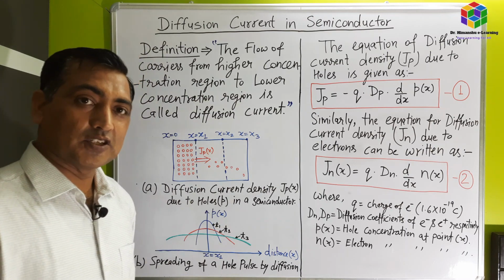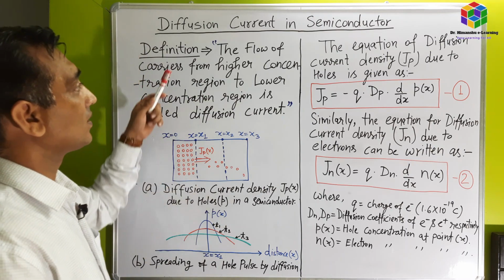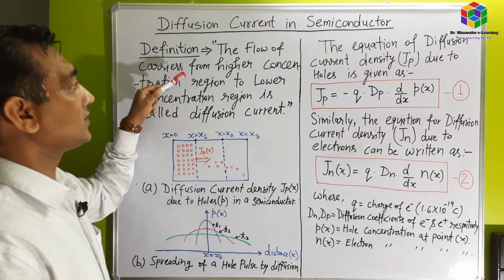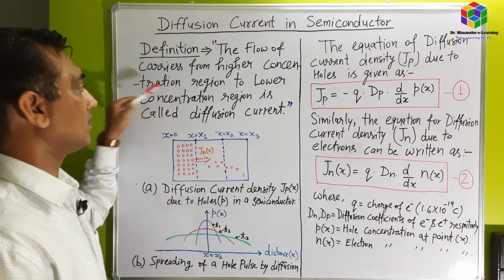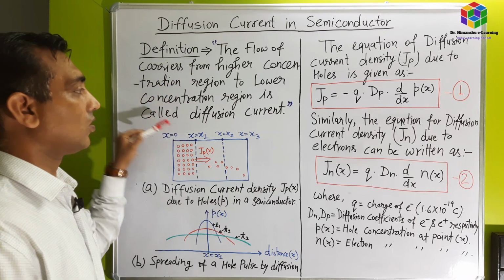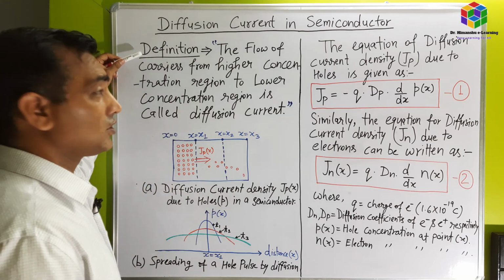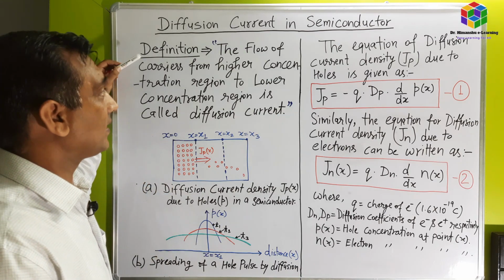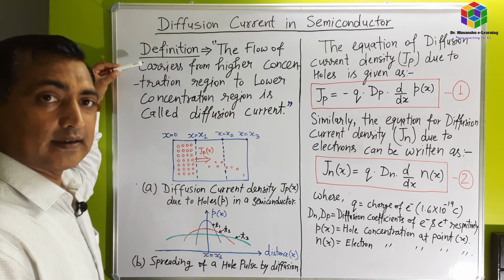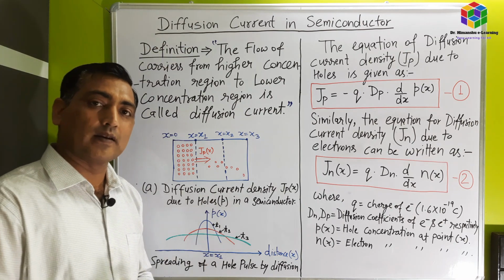Let us see the definition of diffusion current. The flow of carriers from higher concentration region to lower concentration region is called diffusion current. Let us repeat one more time. The definition of diffusion current states that it is the flow of carriers. Carriers are what? Electrons and holes.